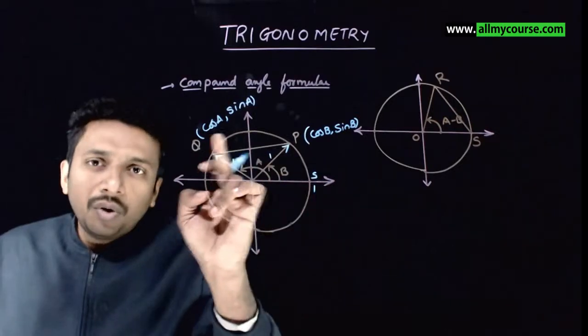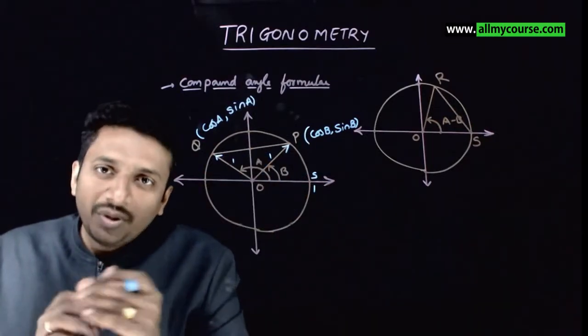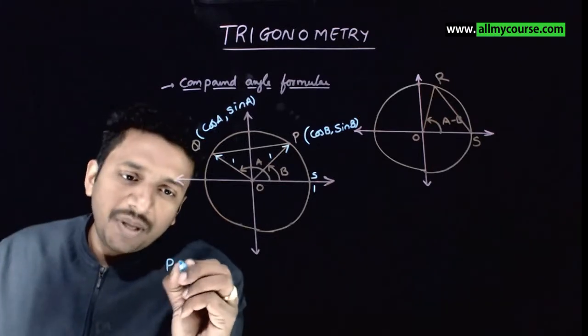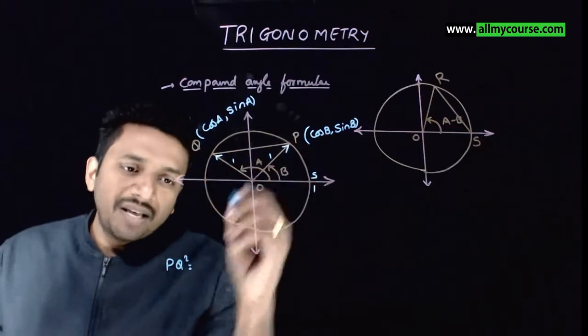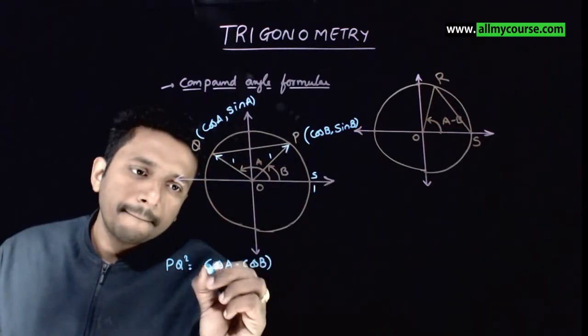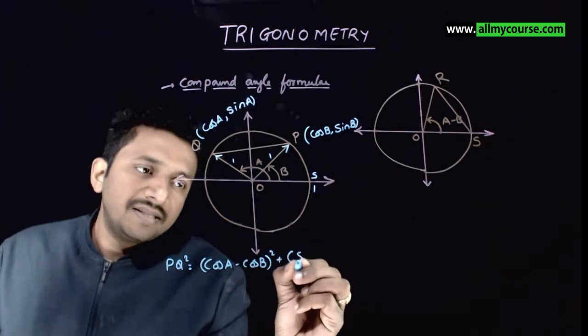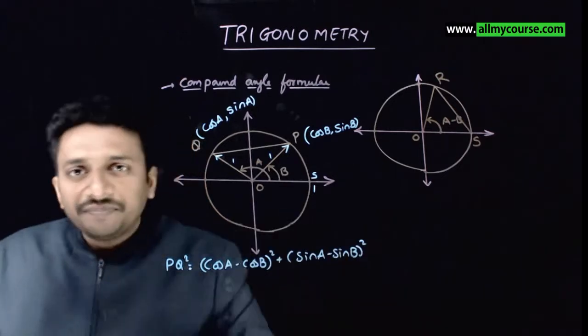So once you know the coordinates of P and Q, what is the distance between P and Q? We know the distance formula. So can I write PQ squared is equal to cos A minus cos B whole squared plus sine A minus sine B whole squared, right?